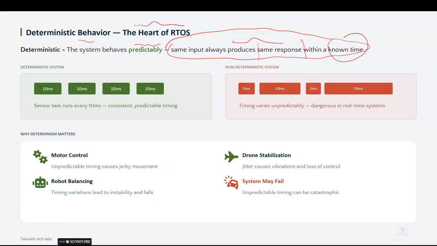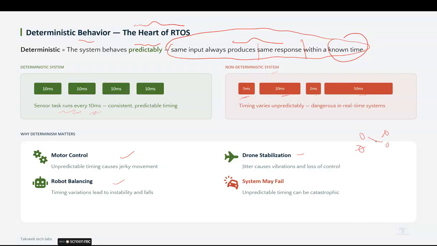Okay. Deterministic system. Sensor task runs every 10 millisecond, consistent and predictable timing. Non-deterministic means it can take 5, sometimes 20, sometimes 2, sometimes 50. That is why determinism is used. So suppose a motor is controlling or a robot is balancing. Suppose you see a drone flying, right?